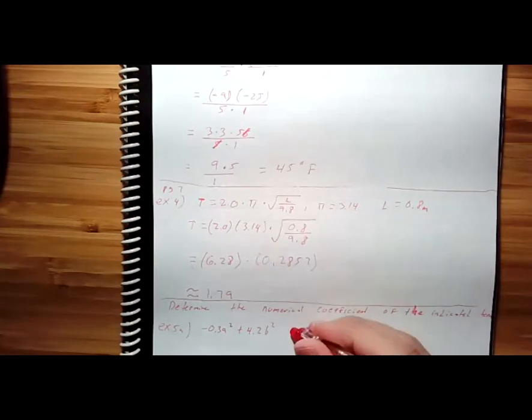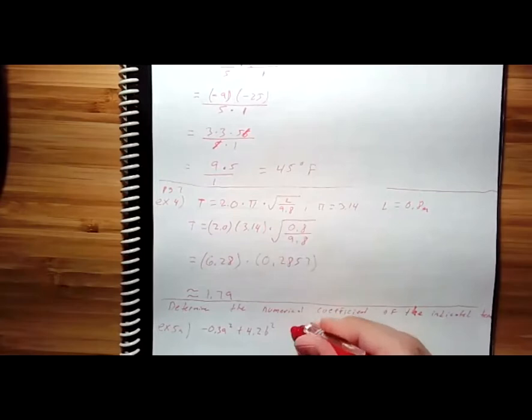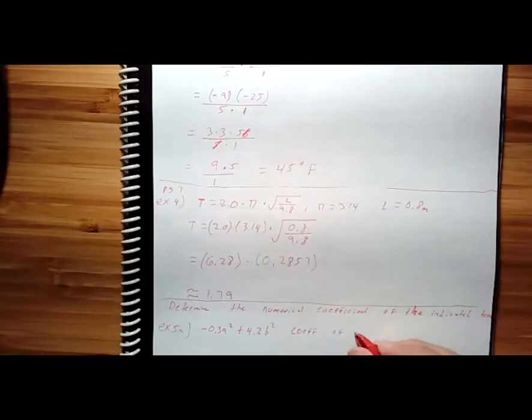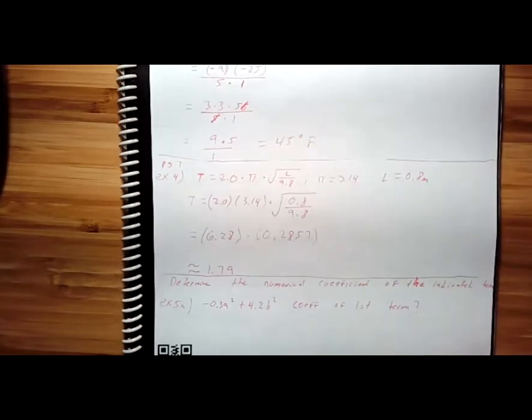So I'm going to say coefficient of first term. All right, so coefficient, all that means is what is the number in front of the variable. So the first term is right here.